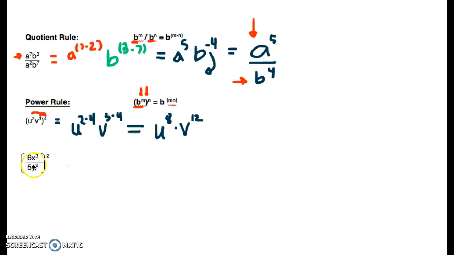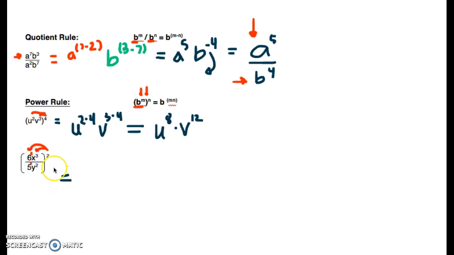Okay, so let's look at this example when I have numbers like a 6 and a 5 in front, and when I have a division bar. So let's have a look at this one here. Okay, the rule is, again, this exponent is applied to every base. The 6 is a base. Remember, he has an imaginary 1 up there. The 5 is a base.